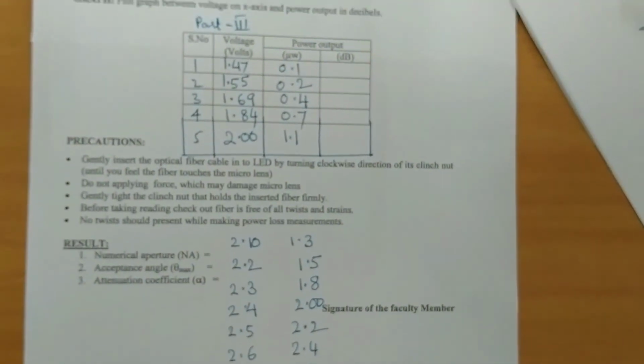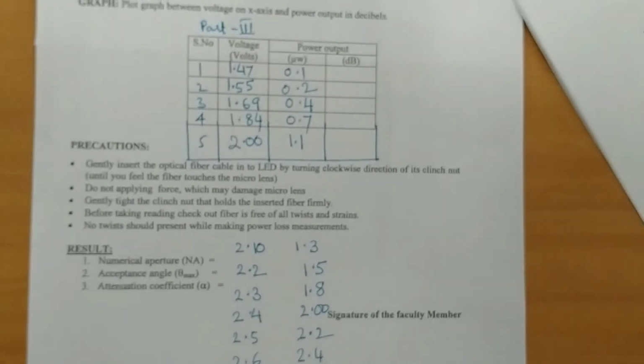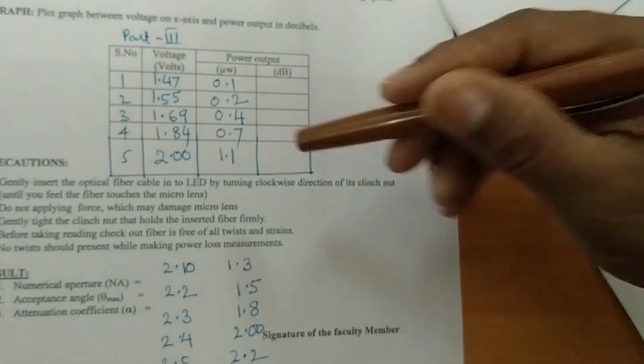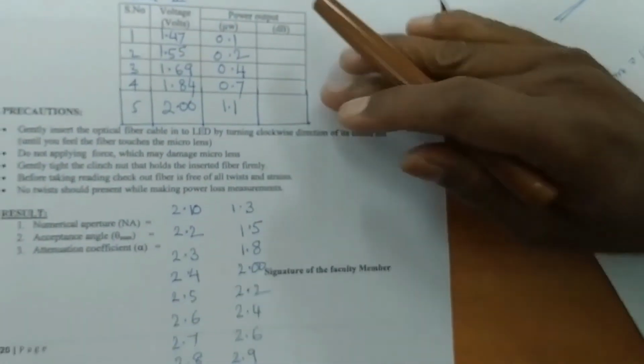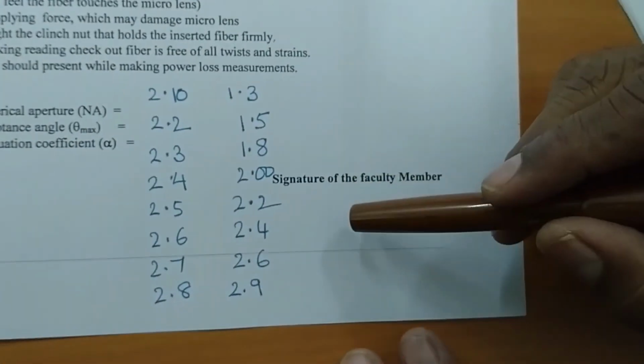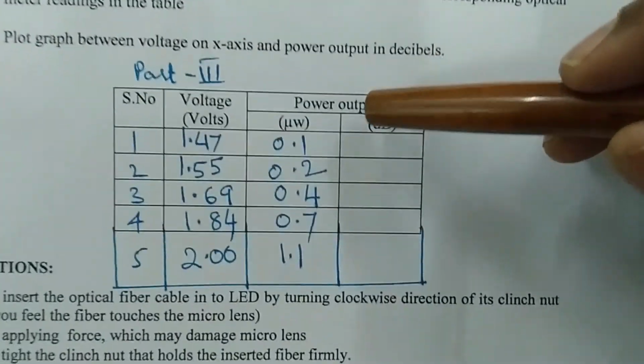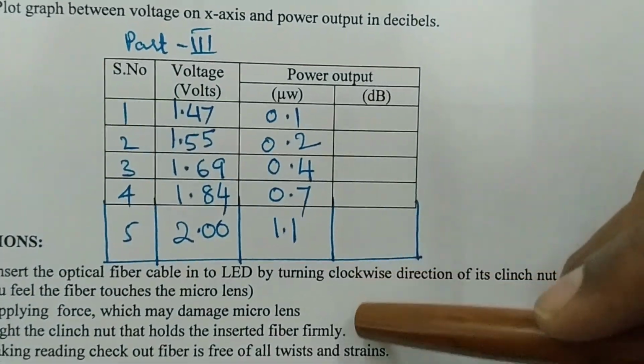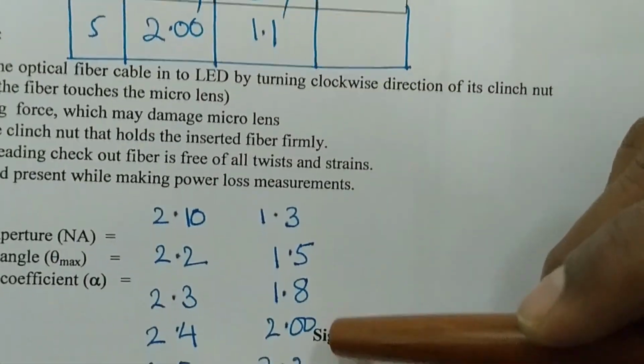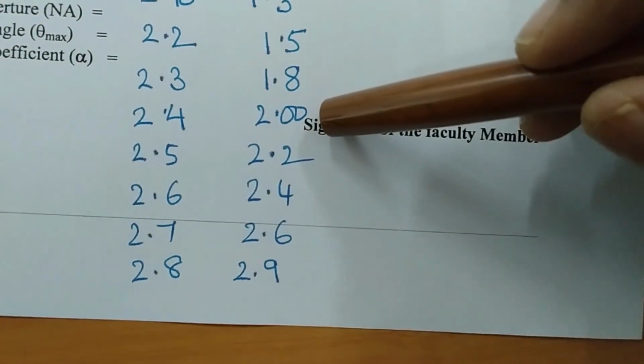These are the readings we have taken. Because the tabular column is small here, I extended the values. We started from 1.47 and have gone up to 2.8.